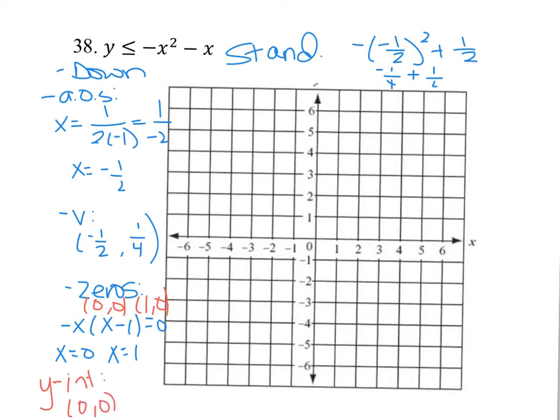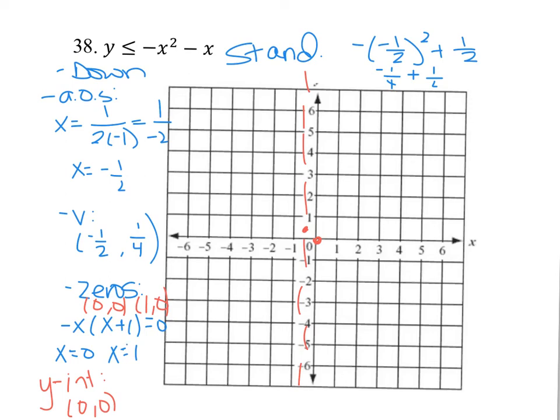So now I'm going to go ahead and graph. My axis of symmetry is -1/2, and my vertex is -1/2, comma 1/4, so that's like right there. My zeros are 0, 0, and 1, 0, and -1, 0. Yes, I messed up down here.